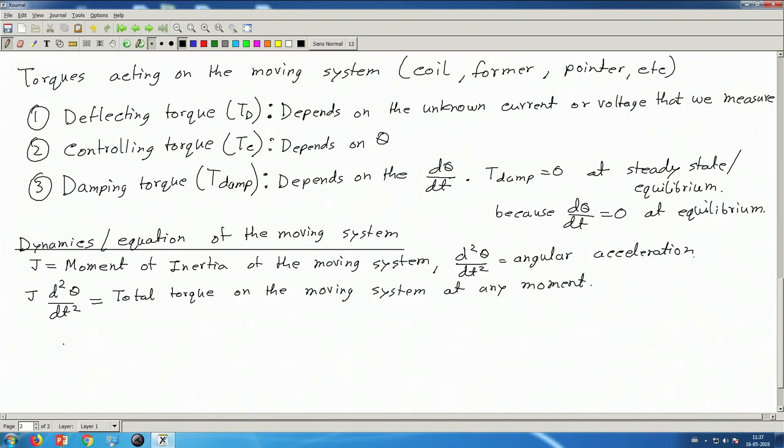So this is Newton's second law: inertia times the angular acceleration should be the total torque.